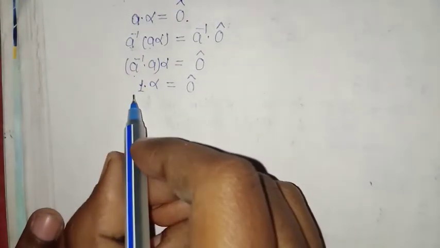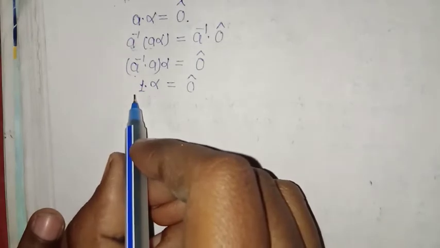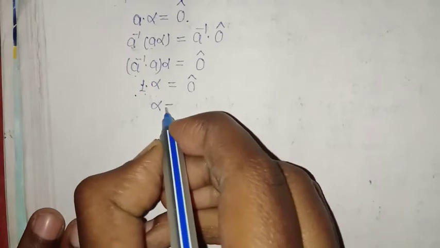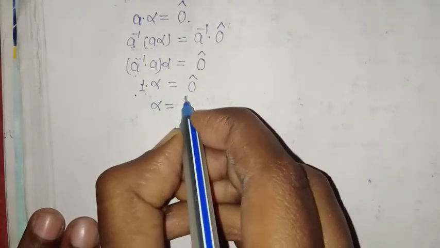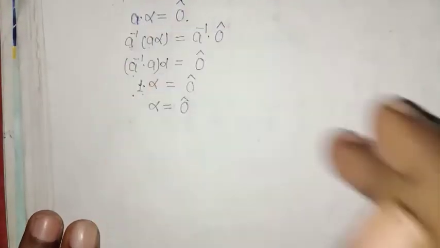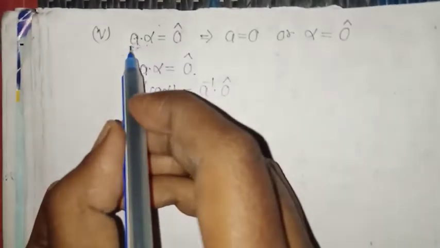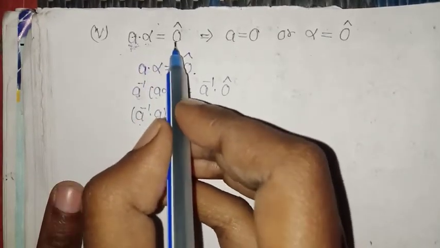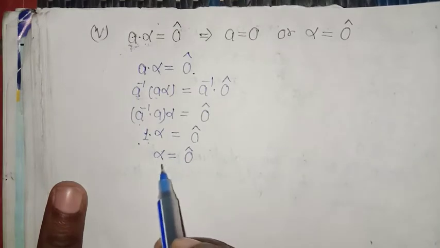Since 1 is the unity element of the field F, it cannot be 0. So our vector alpha must be a zero vector. So this was the first part that we have proved, that whenever the product of a scalar with a vector is the zero vector, then the vector is the zero vector.